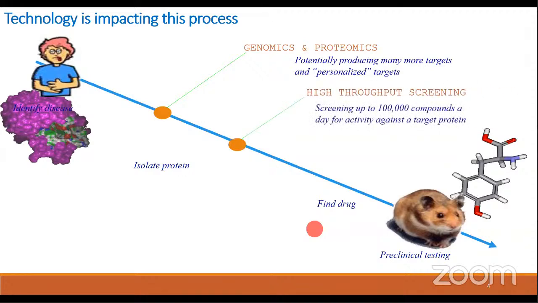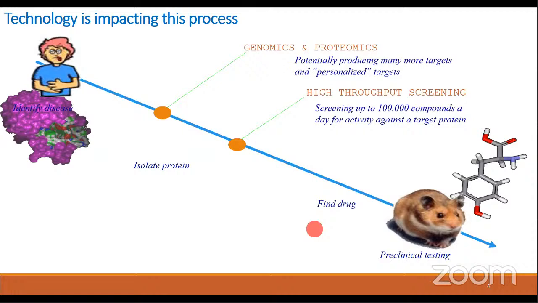The next step of the technology is high throughput screening. Actually, high throughput screening is a whole physical process. There is not much prediction involved. When you look at big companies like Pfizer, Novartis or GSK, they have in-house libraries of molecules, maybe hundreds of thousands or millions of molecules.